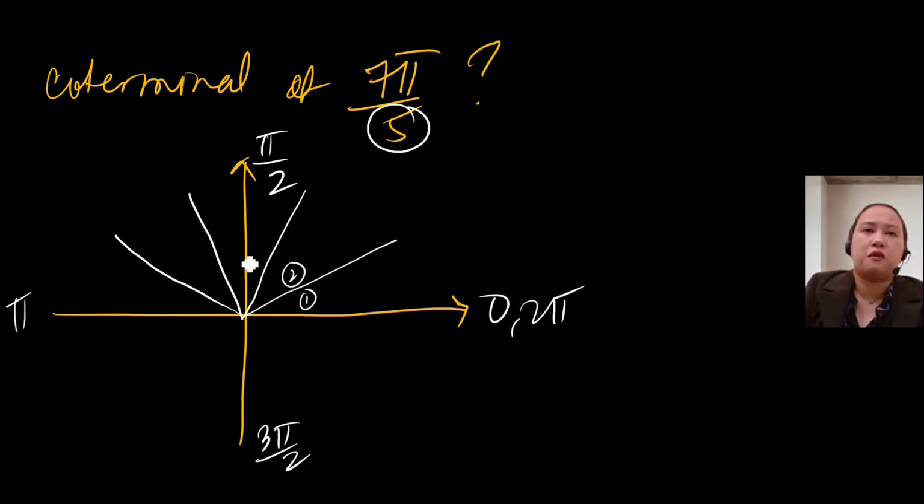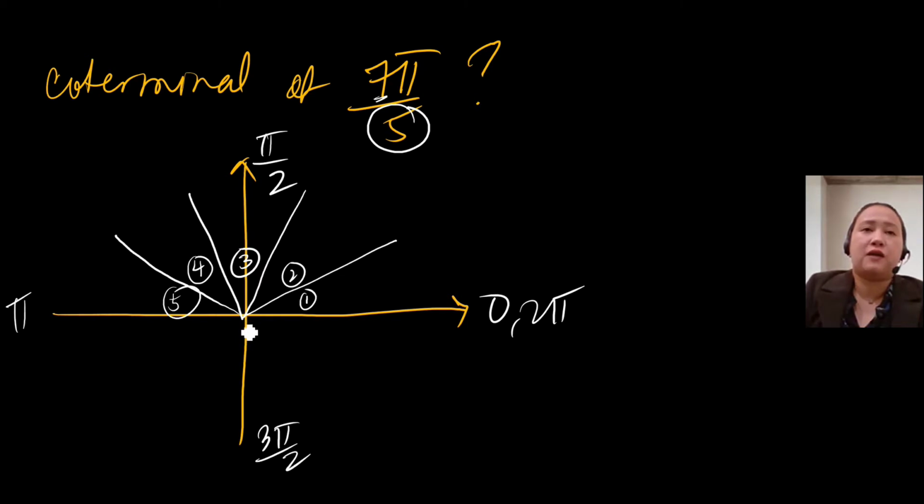1, 2, 3. 3 is at the middle, this line is included, the positive y-axis. Then we have here 4, then the fifth. In the given 7 pi, the 0 up to pi is only 5, so we need to add.